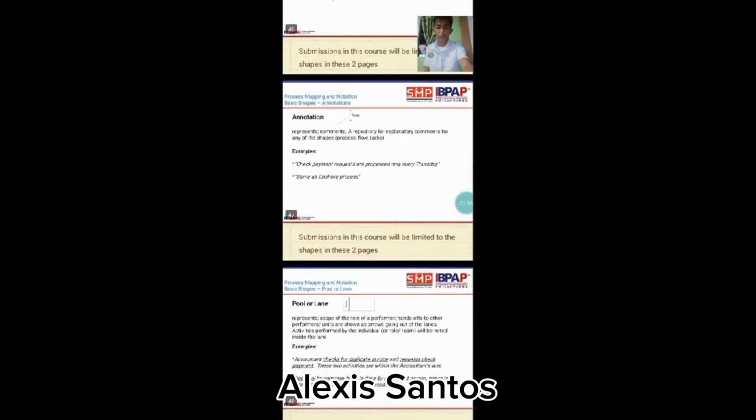Then next is annotation. It represents comments, a repository for explanatory comments for any of the shapes, process, flow, or task. Example: check payment requests are processed only every Thursday. Same lang ito doon sa onshore process.